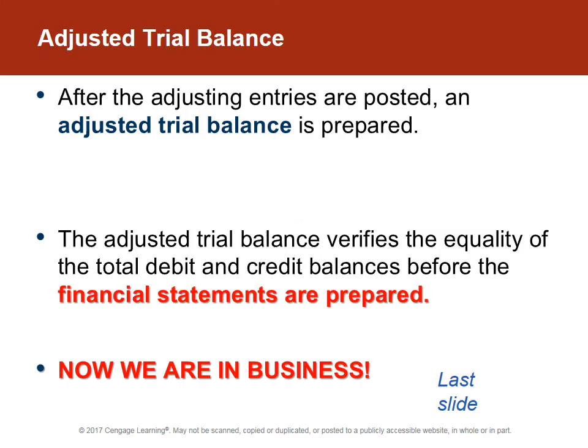Be patient. Now, I want to talk about the adjusted trial balance one more time, and that's the fact that it not only verifies the equality, but it's done before financial statements are prepared. So a question I've asked that has been missed by students, and so this will be a good tip for a future exam: Why does a company prepare adjusting journal entries?